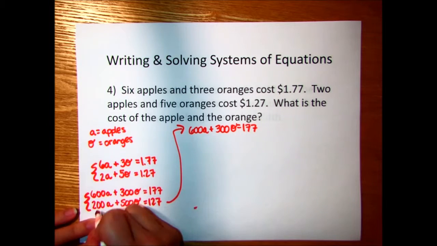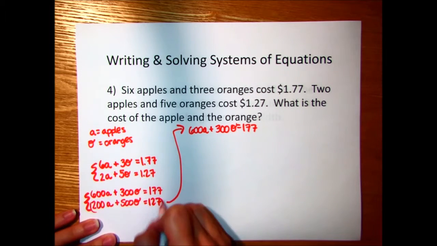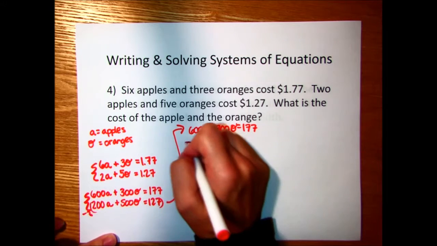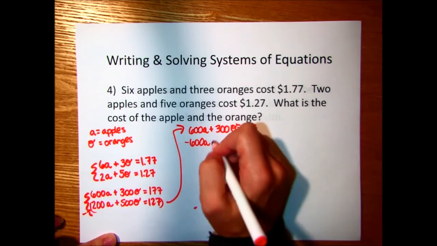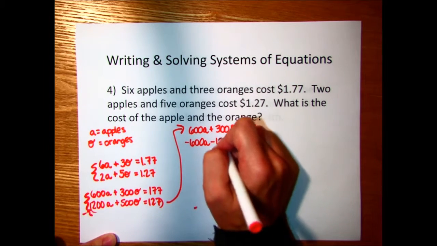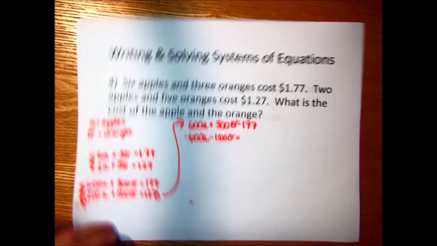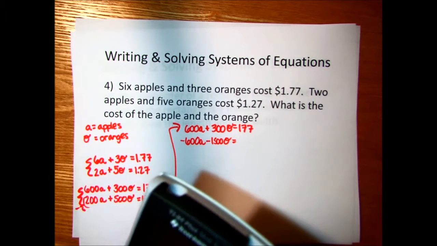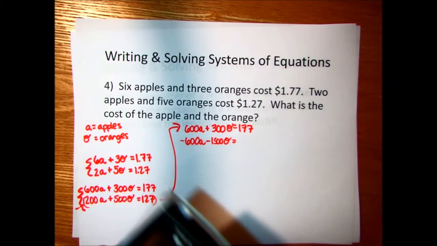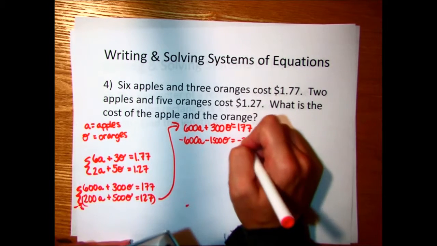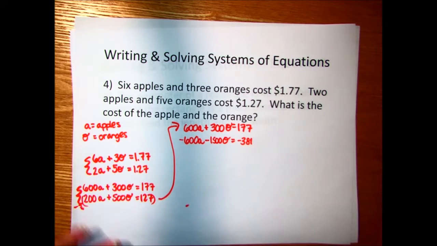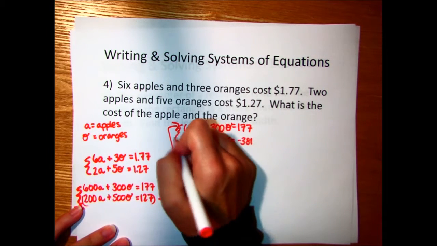And then I'm going to multiply this by negative 3. So I get negative 600A, and then minus 1500 O is equal to, and I'm going to pull up my calculator for this one real fast, negative 381.